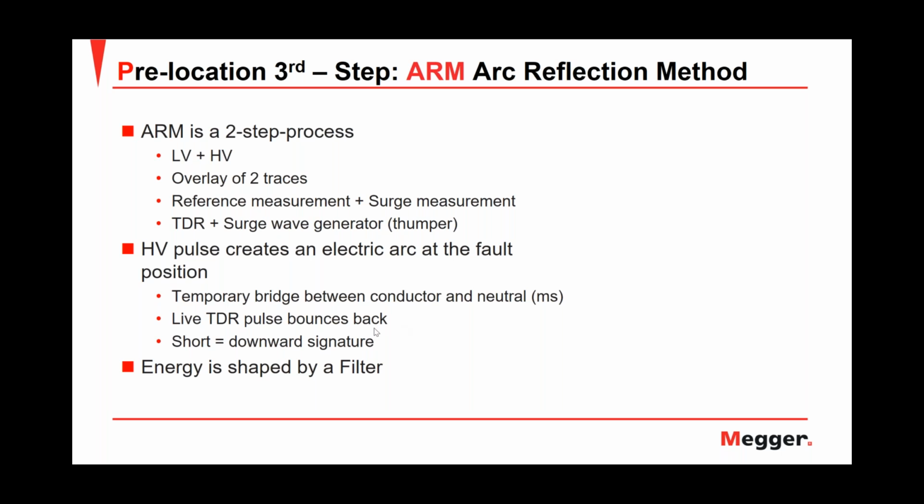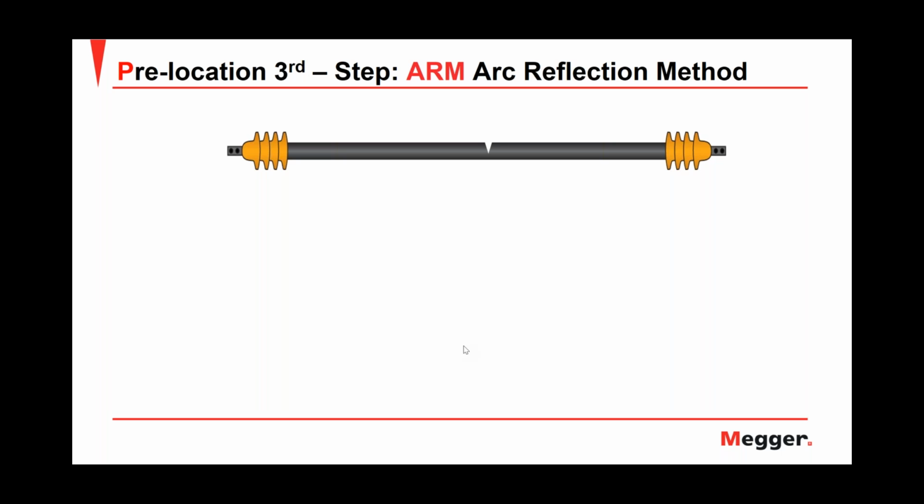And then the live TDR pulse will bounce back and will show us a downward signature. That means we have a short, because when we have an arc in the fault position, what we have is a temporary short between the center conductor and the concentric. So let me explain this a little better with the next slide.